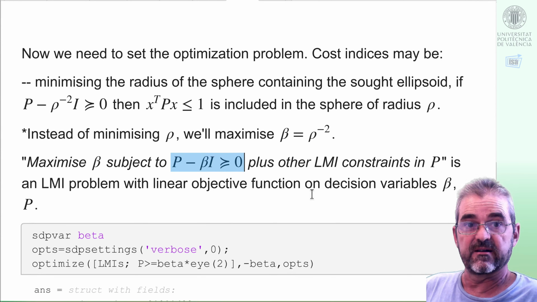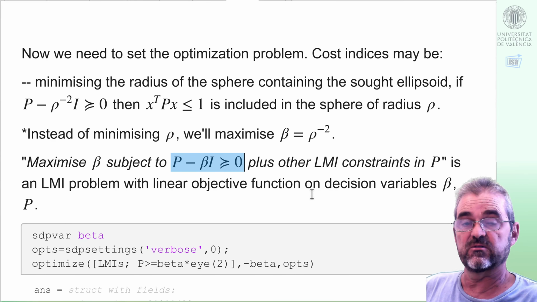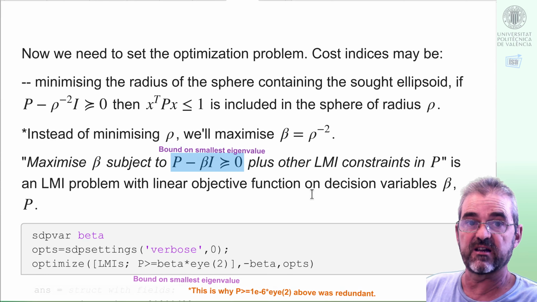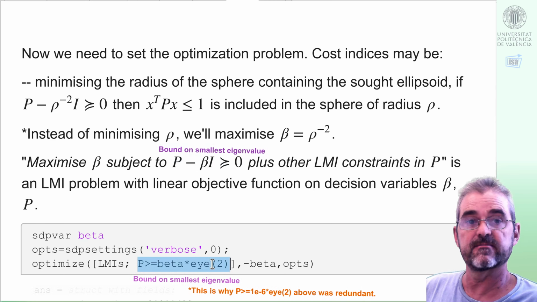So we are minimizing the length of the largest half-axis of the ellipse. And as you can see, this is equivalent to saying that the minimum eigenvalue of P must be larger than beta. Maybe it's clear here.